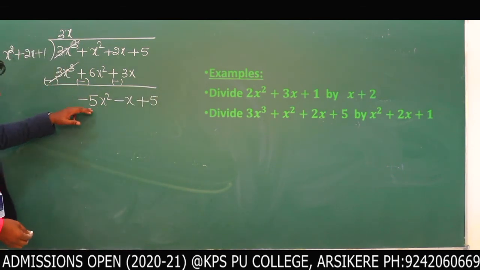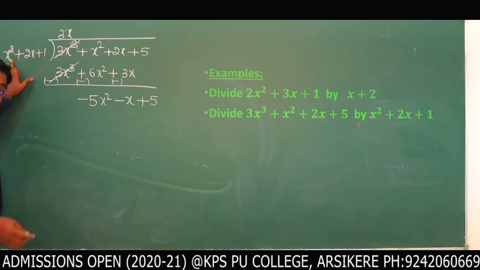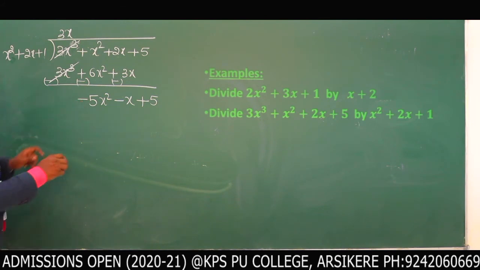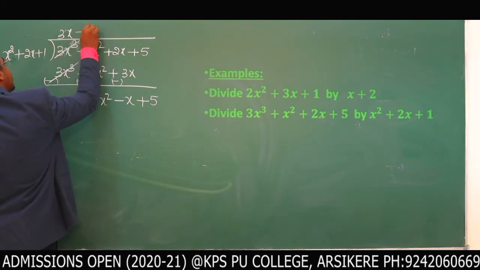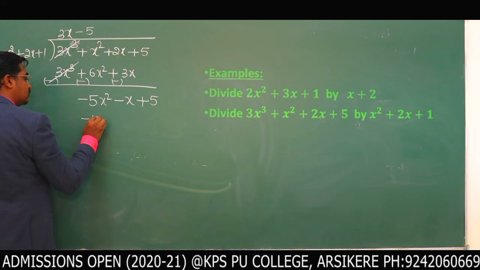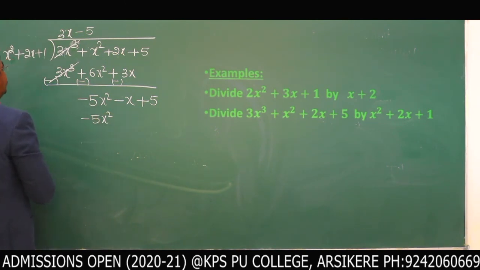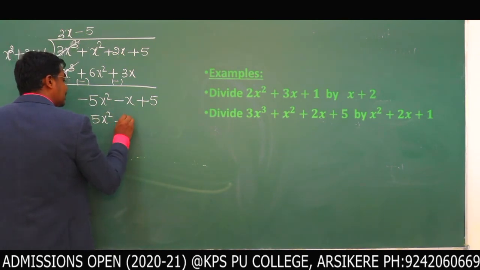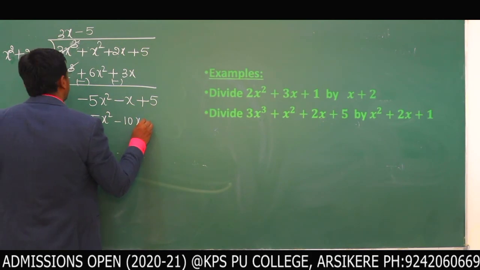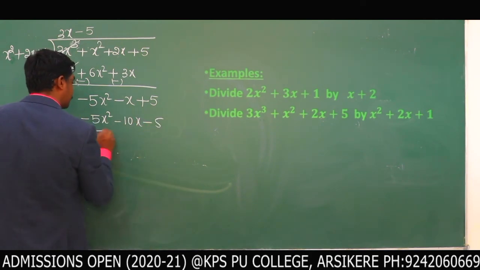Again, just observe the terms here. This term is minus 5x square. Again we go with x square, so what do we multiply? Multiplying by 5 gives 5x square, but we have to open the sign as negative, so I will write minus 5. So minus 5x square, multiplied by 5 gives minus 10x, minus 5.